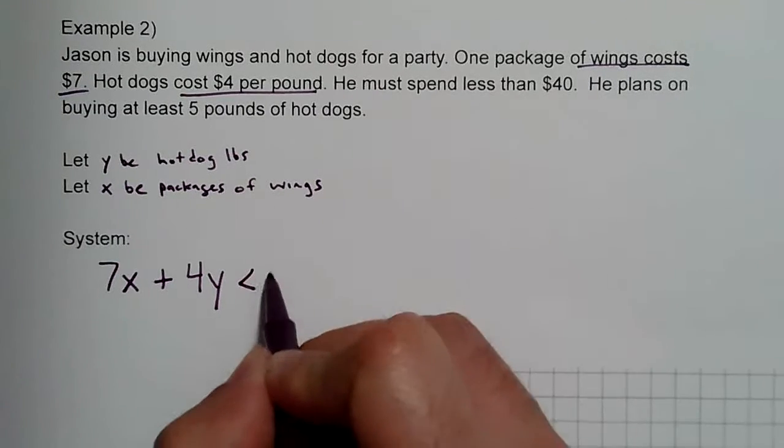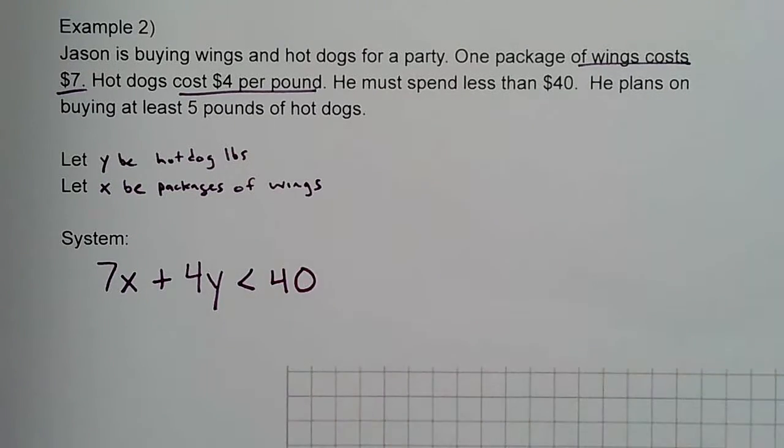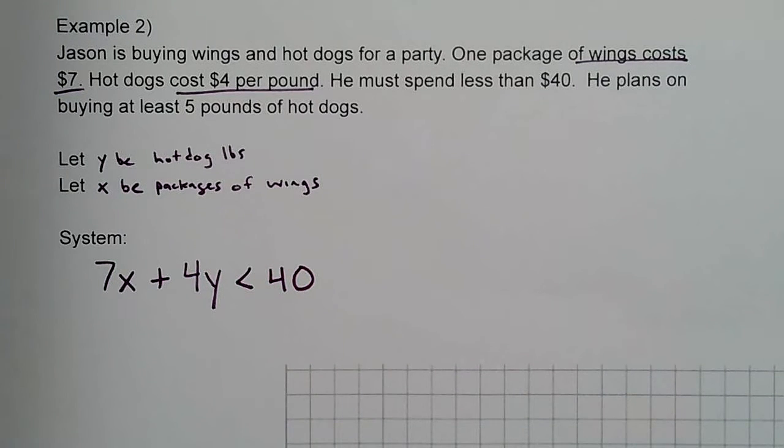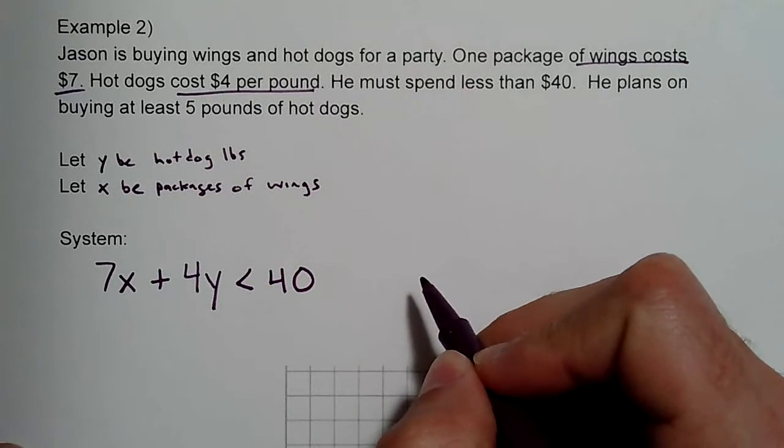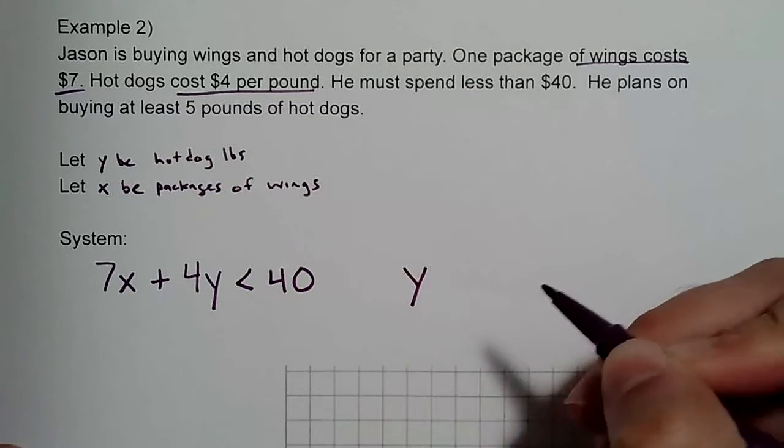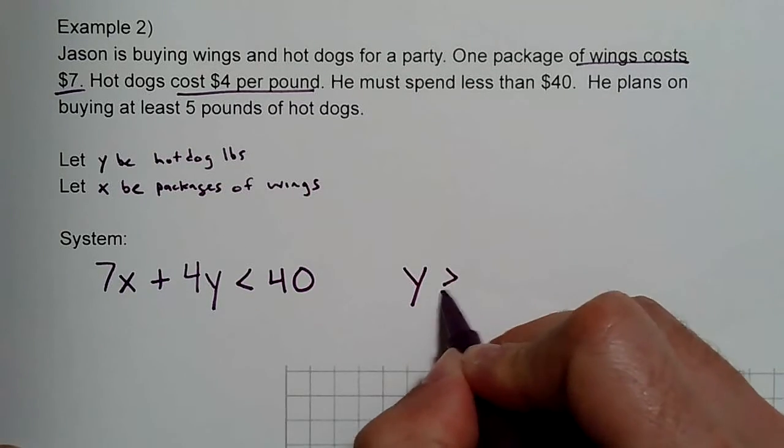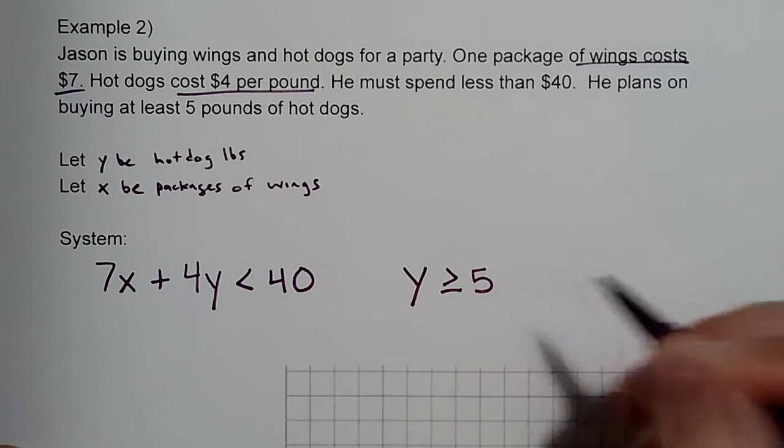So we have to be less than $40 to be within budget. Our other inequality says we want to buy at least 5 pounds of hot dogs. So we want our hot dogs, which is Y, to be more than or equal to 5.